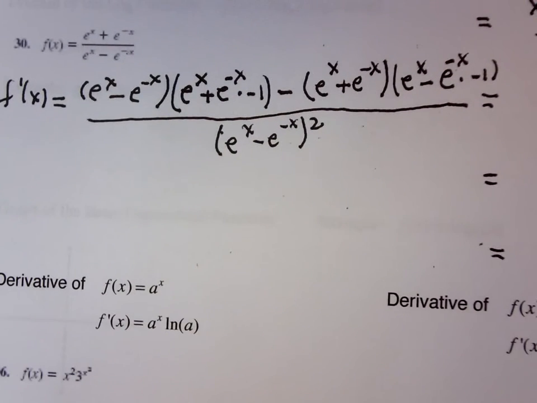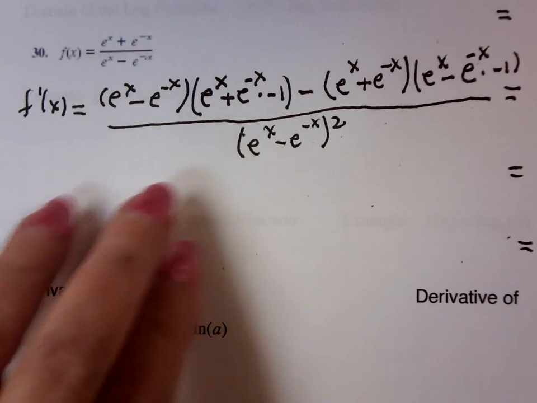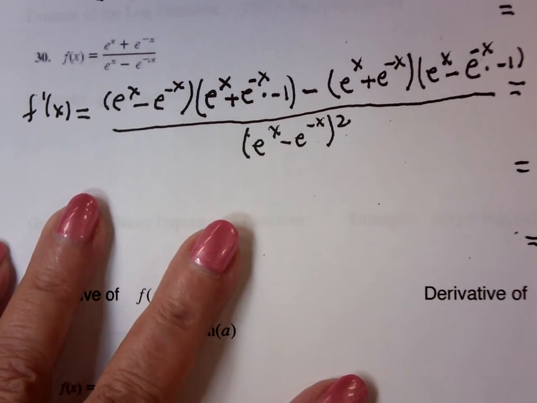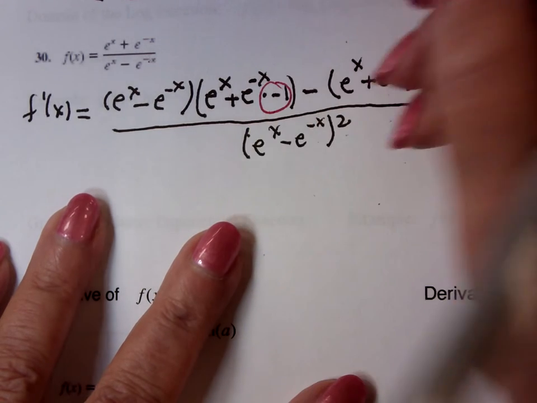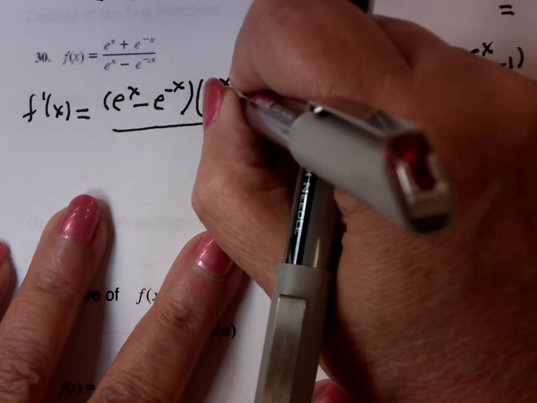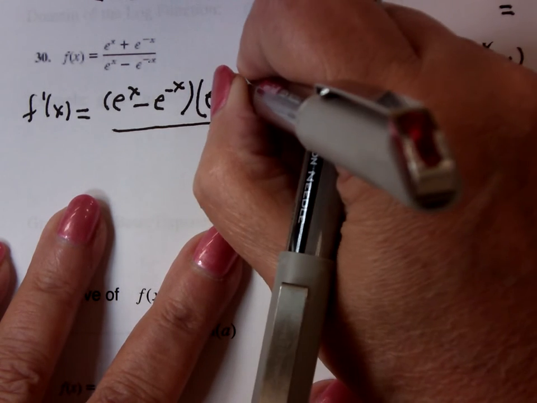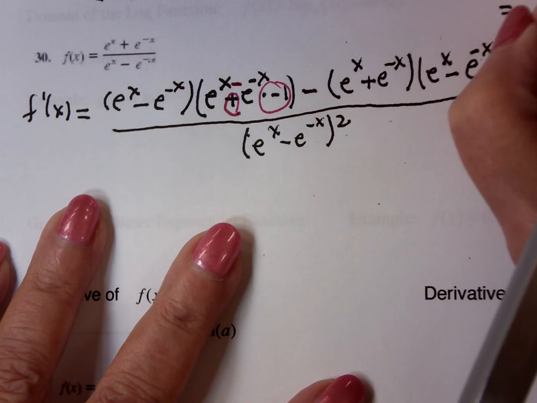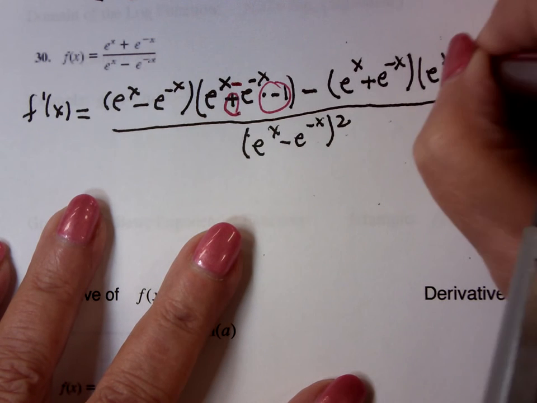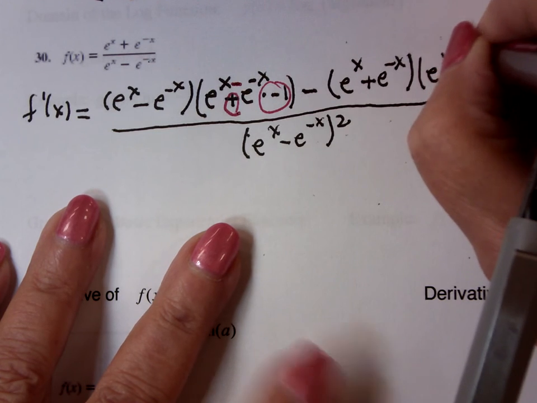Sorry about that. Do you want to see something really cool? What does this minus sign do? Changes this to what? Negative. What does this minus sign do? Changes that to a positive.